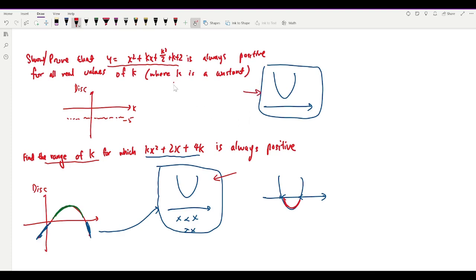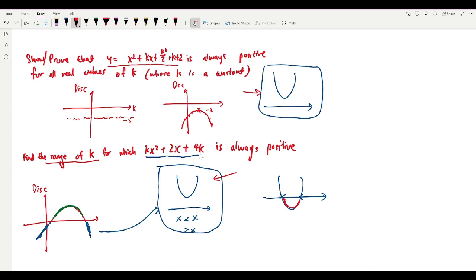But your discriminant could be a quadratic curve as well, in which case you need to show there's an n-shaped curve and the maximum value is negative. Let's say it's -2. Because if the maximum value is -2, then all other values will be negative. So recognizing and distinguishing between the two different types of questions will inform you which solution is required of you.